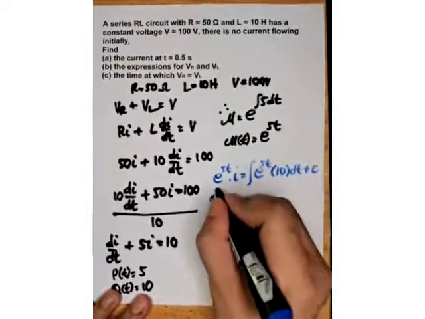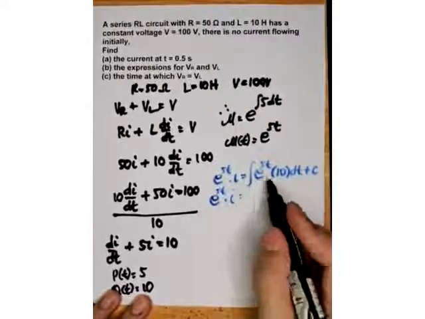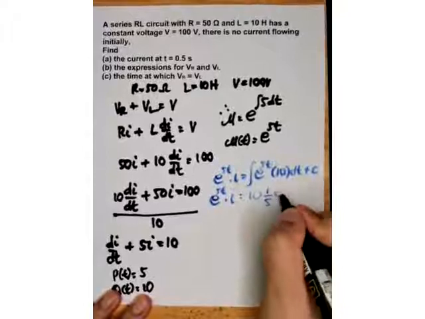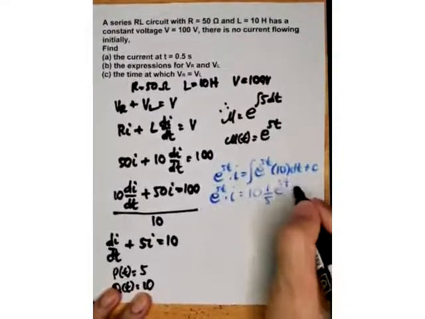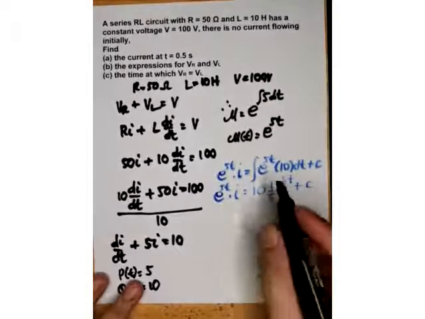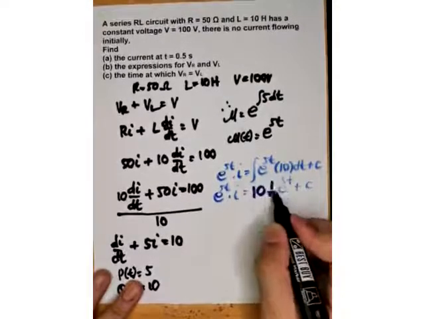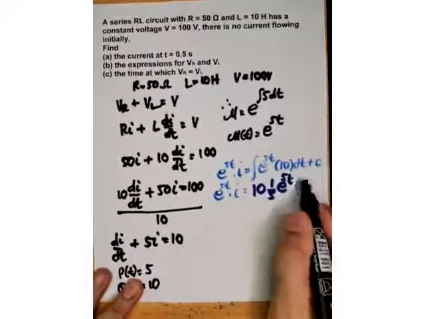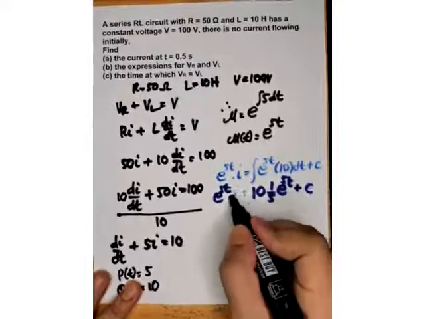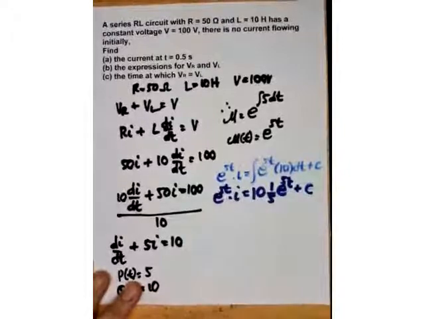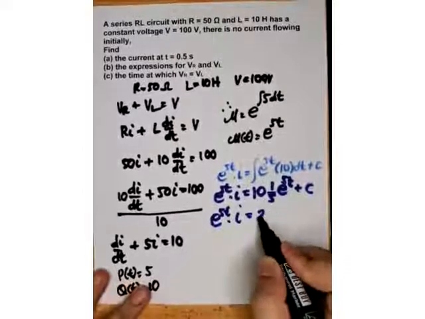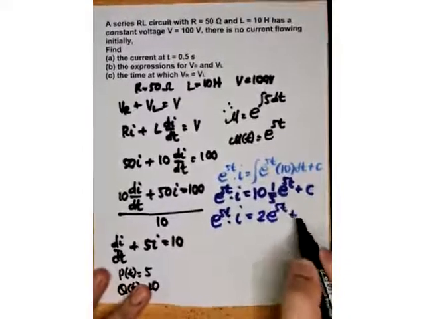So e raised to 5t times I. What's the integral of this? 10 times 1 over 5 e raised to 5t plus c. So we simplify: e raised to 5t times I is equal to 2e raised to 5t plus c.